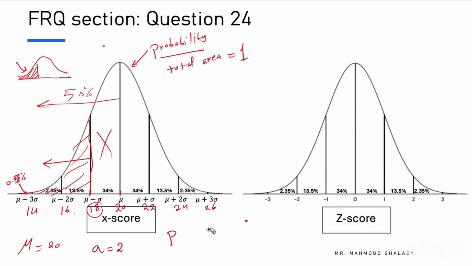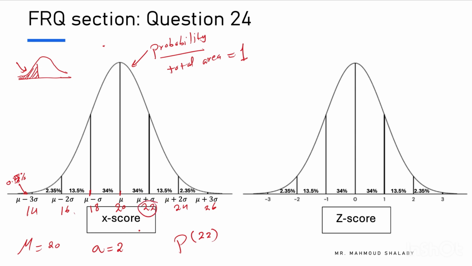Another example, I will remove this now. What if I'm asking you to find the probability of 22? I will look at the main stops here, or the accurate numbers. I know that this is 22, which means I want to find the area all the way on the left side of this line.